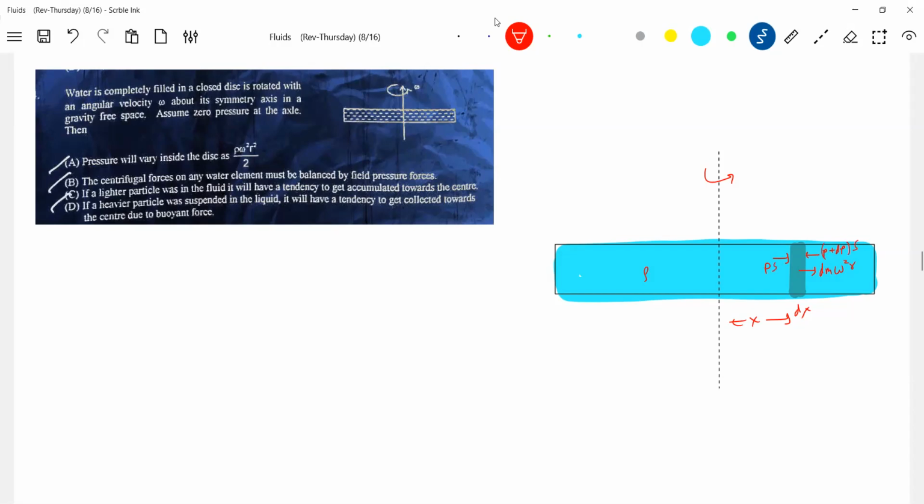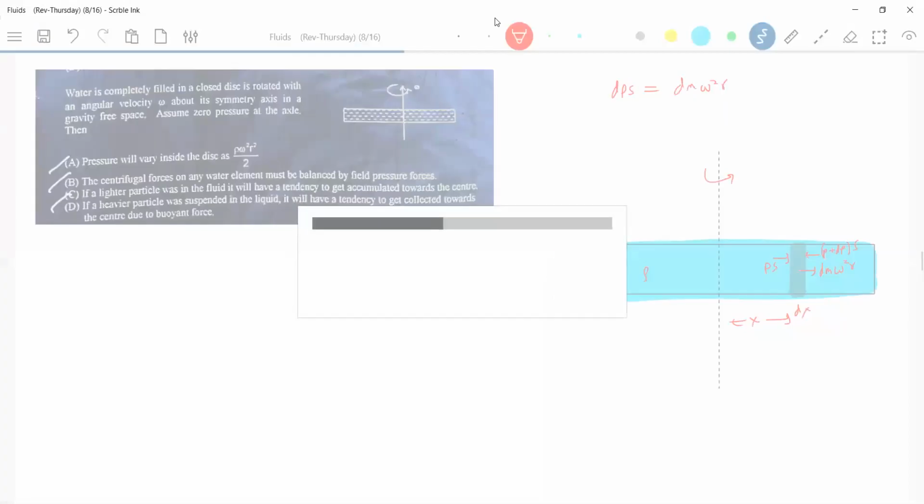The Ps get cancelled, so dP times S will balance dm omega square r. What is dm? This is a very small, or you can say important, concept. Some around 15 numericals are there related to this.